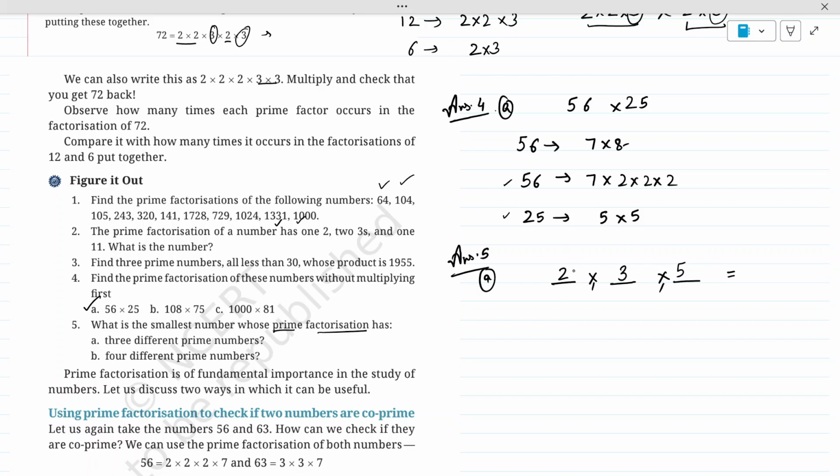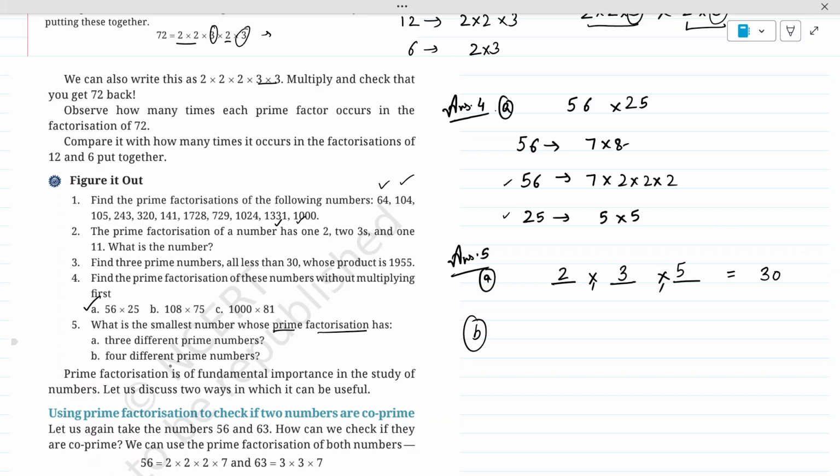So if these are the smallest prime numbers, their product will also be the smallest number, which we will obtain by multiplying these. So what we have here is 3 multiplied by 2 is 6, multiplied by 5 is 30. Okay, so I hope this is clear. What we have done is we have taken the three smallest different prime numbers, because their multiplication will give us the smallest number.